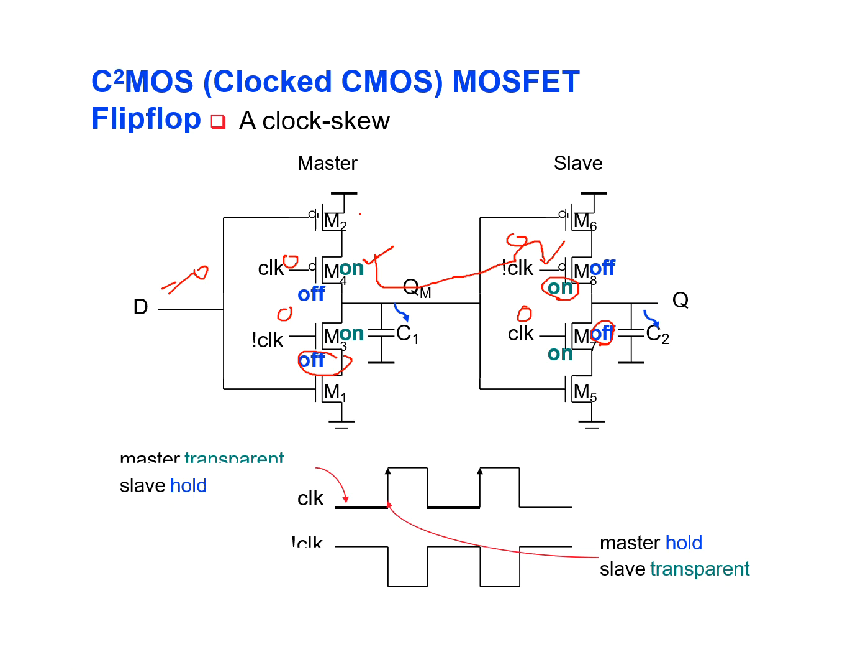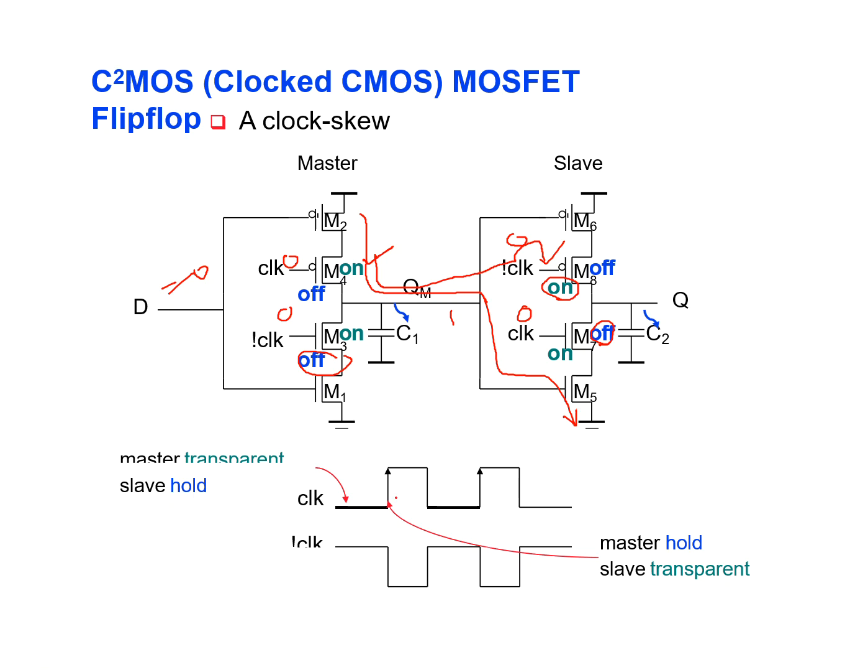The path M2, M4, here you will get your output as 1, which makes your M5 to be in on condition, connecting to ground. So D will not be propagated to Q, but will be sampled at QM. Before it propagates to Q, your clock bar will turn to 1. Hence D will not propagate to Q, and your clock skew is overcome here.